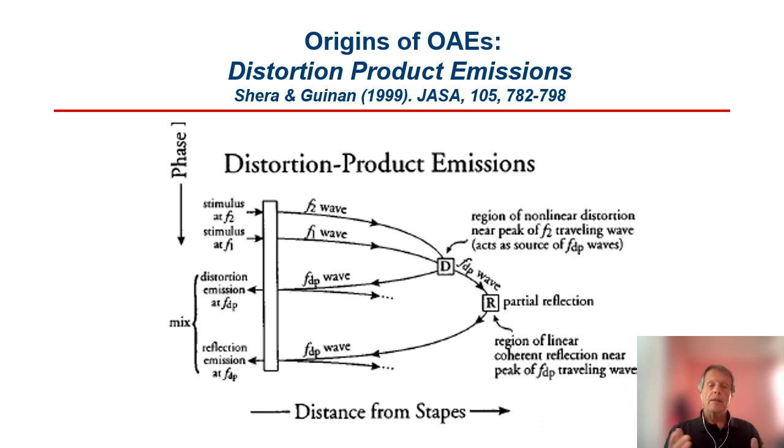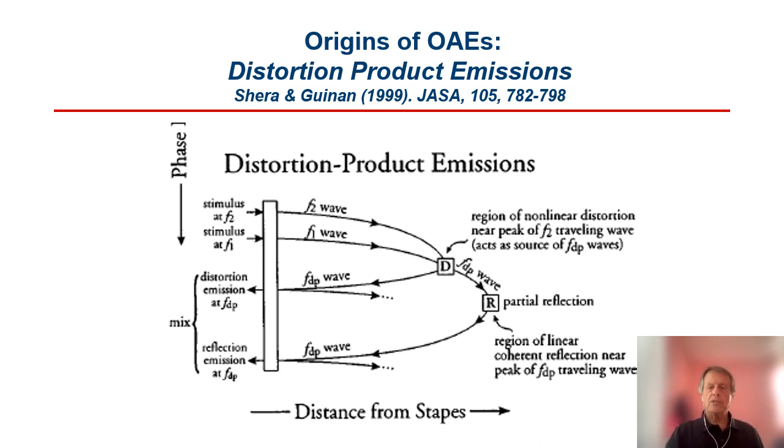So there are distortion products that are being produced by activation of the cochlea with two very closely spaced pure tones. Now this has been known, distortion products have been known actually for hundreds of years, but now we're actually talking about measuring them in the ear canal with a very sensitive microphone. So this is one type of OAE, distortion product, and the other is transient.